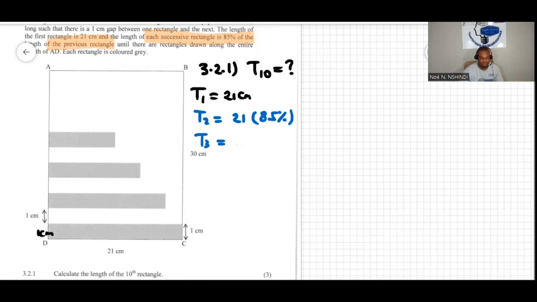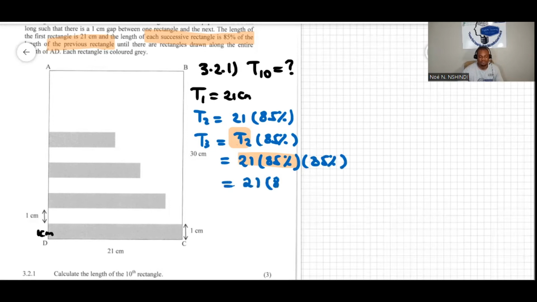We do know T2 is 21 times 85%, so 85% of T2, we multiply by 85% again. And this can be written as 21 times 85% to the power of 2.